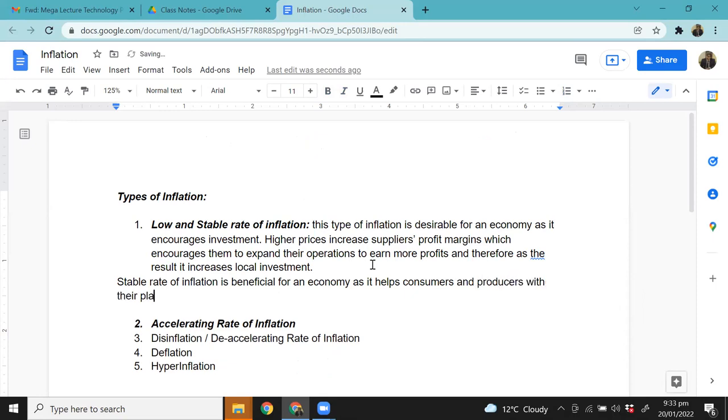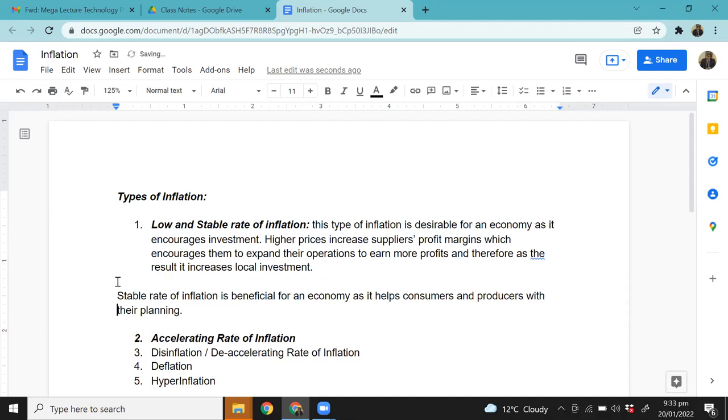Now, what do I mean by that? Think about this. If every year you can predict relatively accurately how much will be the rise in the price level, right? Then you know that if you're saving this much income, then how much will it lose its value over 1 year or things like that.